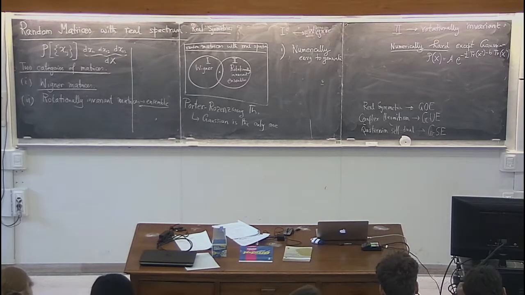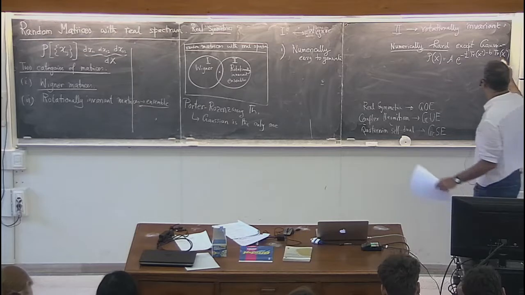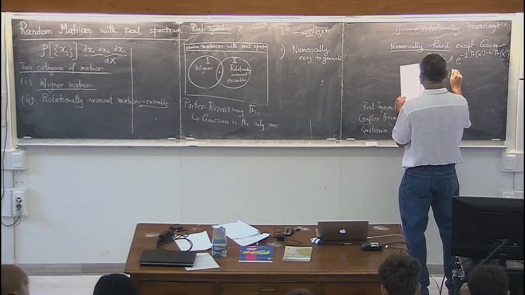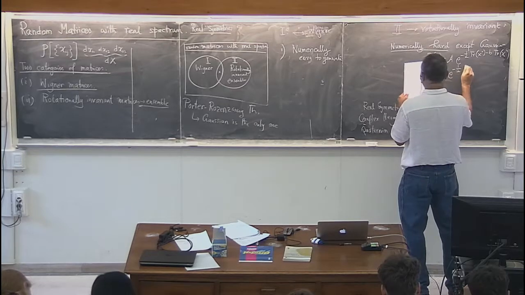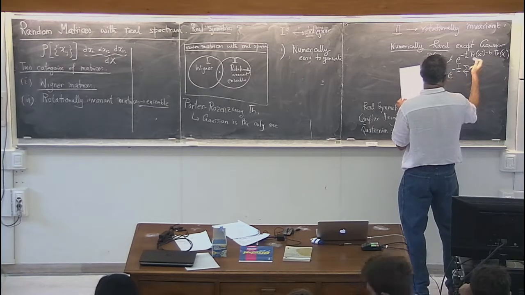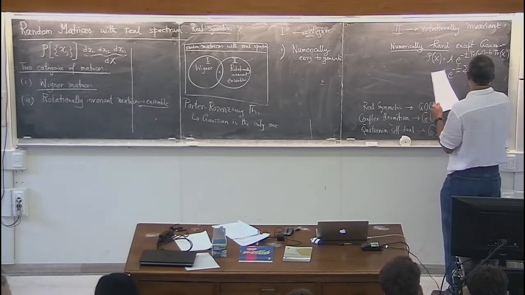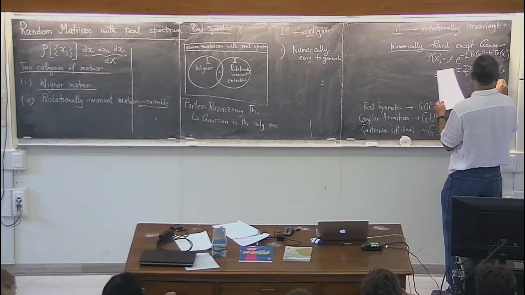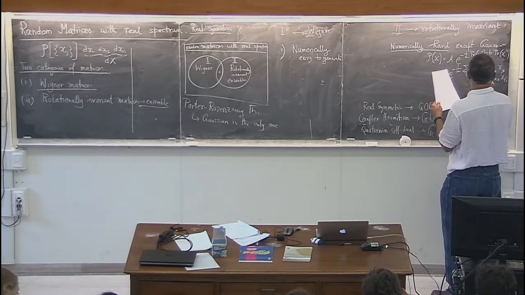How will you generate this? You see the joint distribution of the entries, therefore, is this. If you write it in terms of the matrix elements, this part will be the sum of x_ij² over all i, j, and then this term here will be x_ij x_jk x_kl x_li, summed over all i, j, k, l.